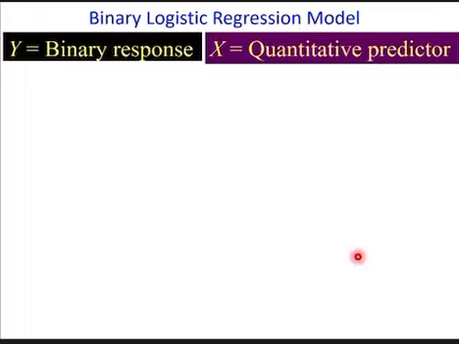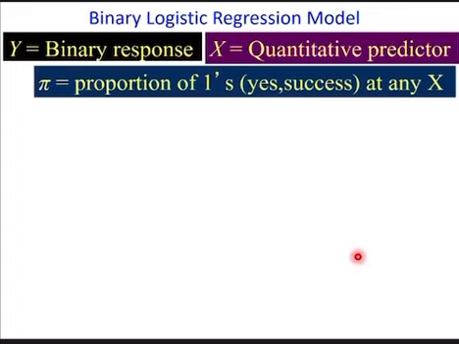I want us to go into the model now, and I need you to pay attention. I'm going to spend my time on two types of logistic regression: the simple binary logistic and the multiple binary logistic. What do I mean by simple binary logistic regression? The simple there means I have one predictor and I have one categorical response.